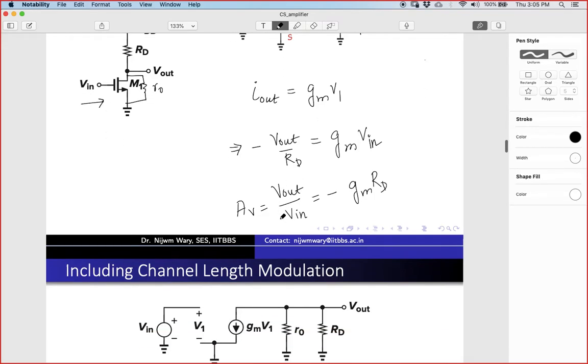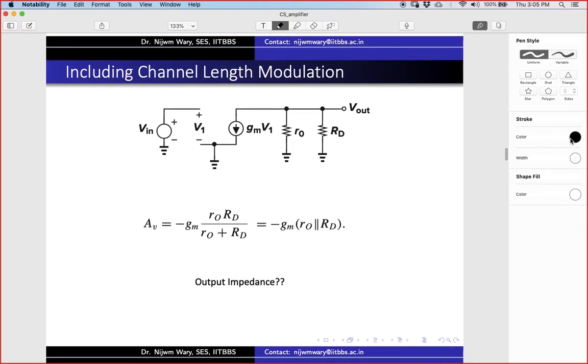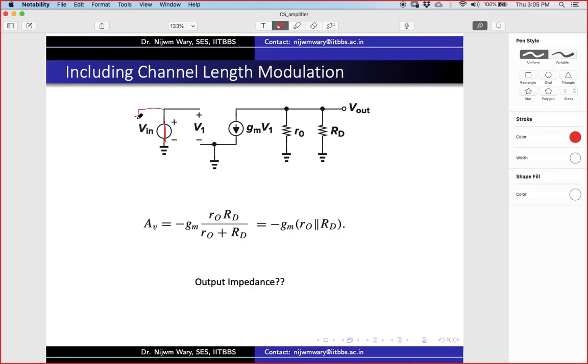But for output impedance, the procedure is I should short the V in, or put it to ground. So that term will be 0, and the output impedance in this case is RD parallel RO. So R out is RO parallel RD.